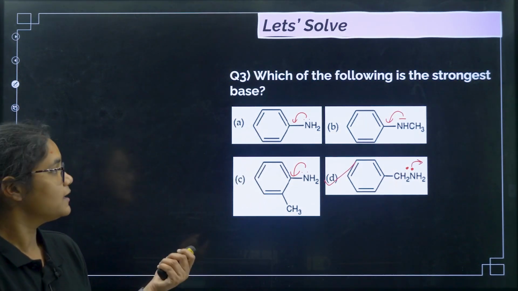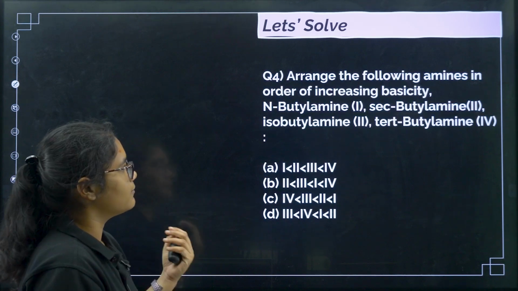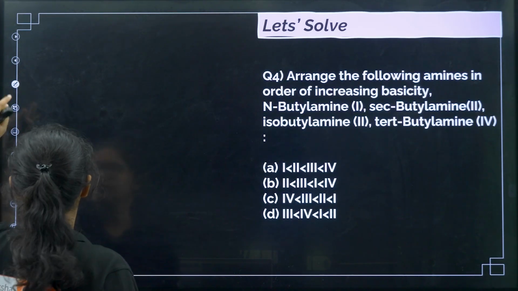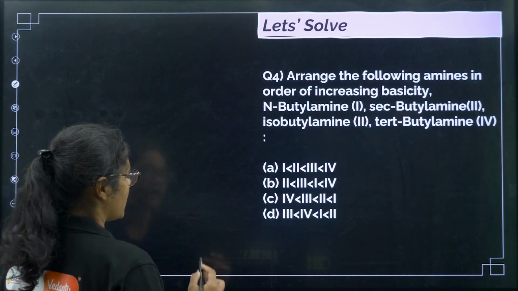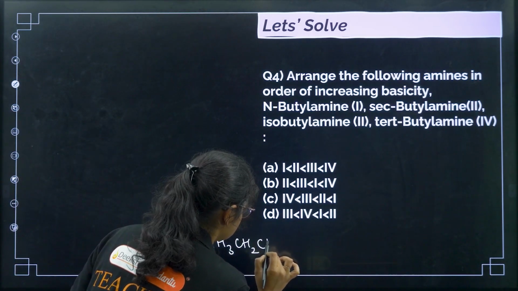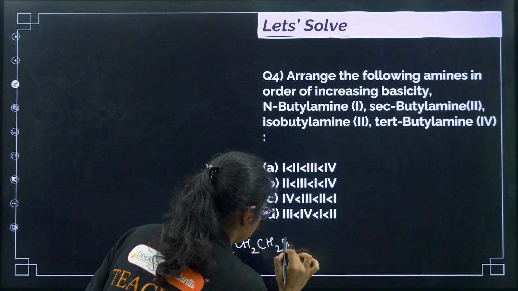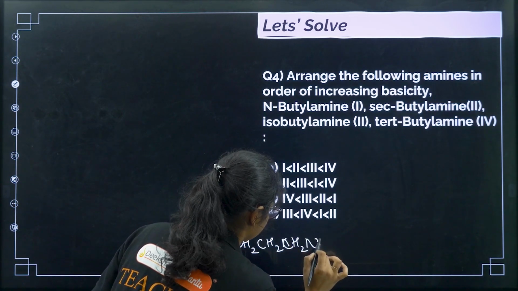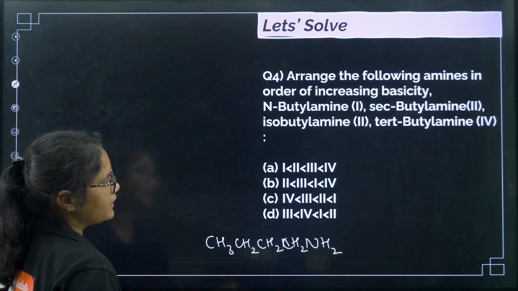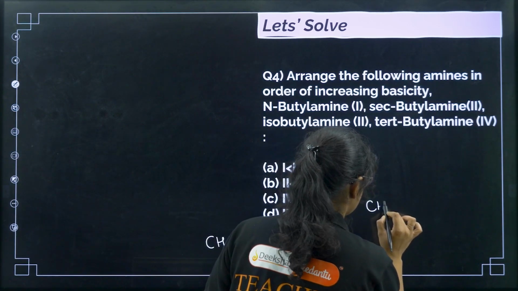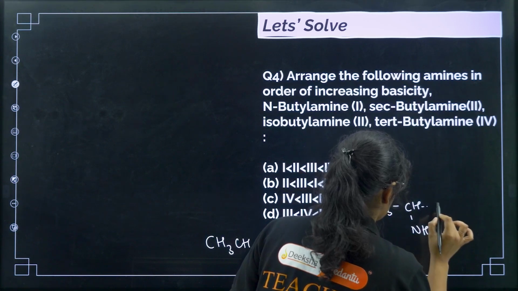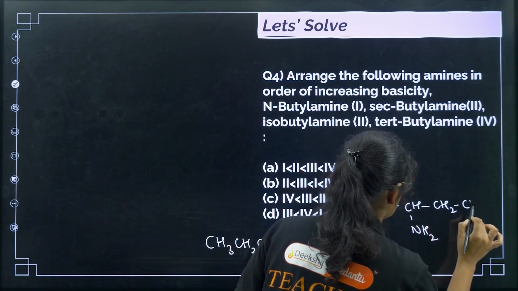Very simple. Next one. Arrange the following amines in the order of increasing basicity. Okay, so now if you see here, first of all we have n-butyl amine. So I have CH3, CH2, CH2, and then another CH2, NH2. Next you have secondary butyl amine. So that means you have CH3, CH, NH2, CH2, CH3.